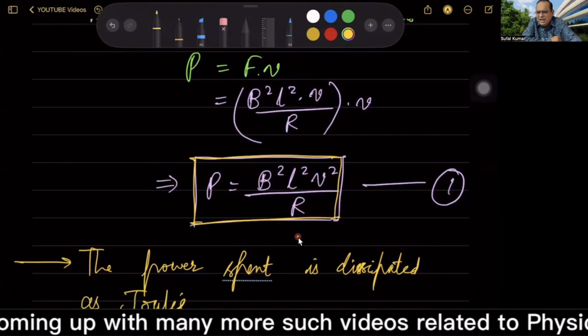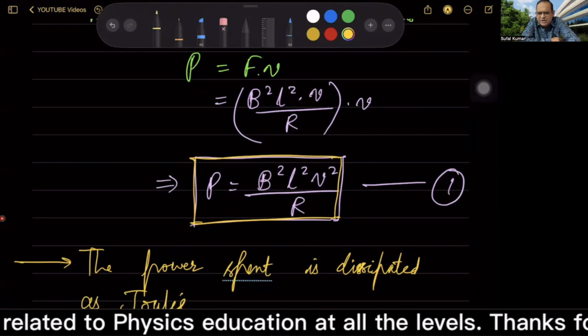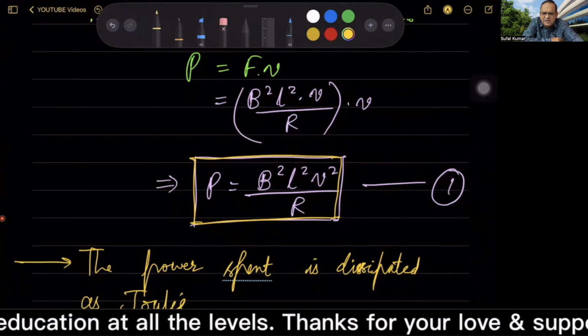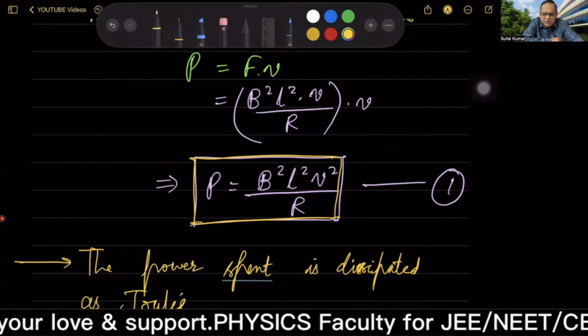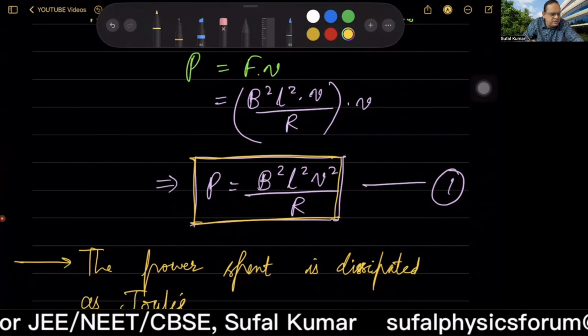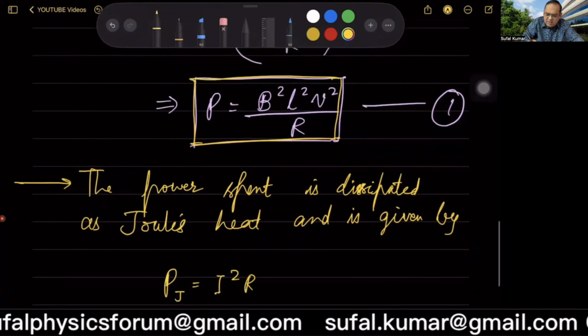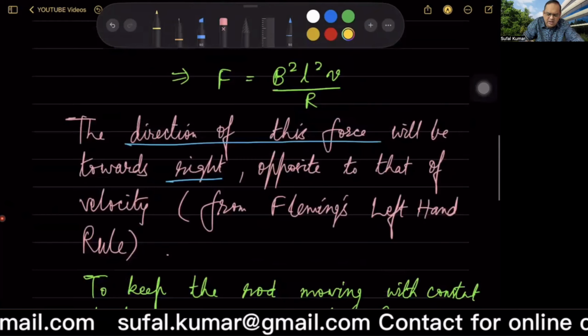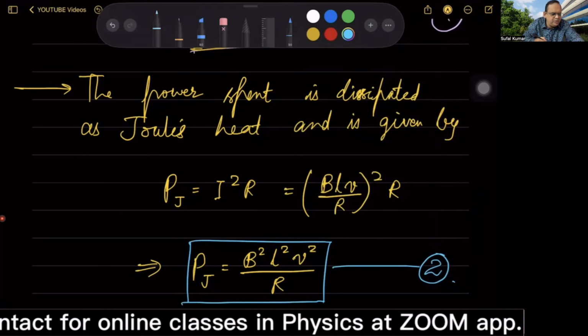That's why heading name is law of conservation of energy. Same power, whatever power we have put, is dissipated as joules heat and is given by I square R. And I we had BLV upon R. This is equation number 2.